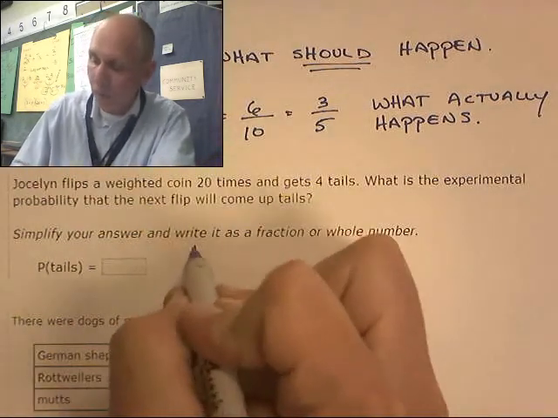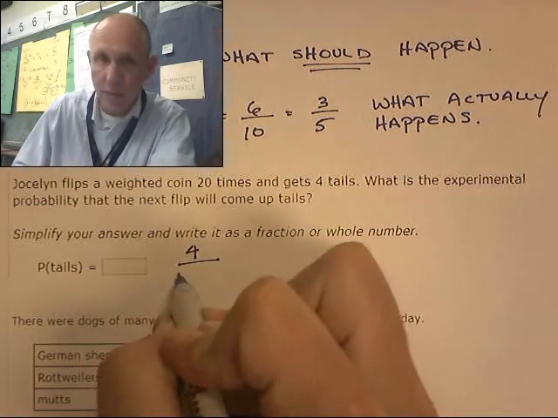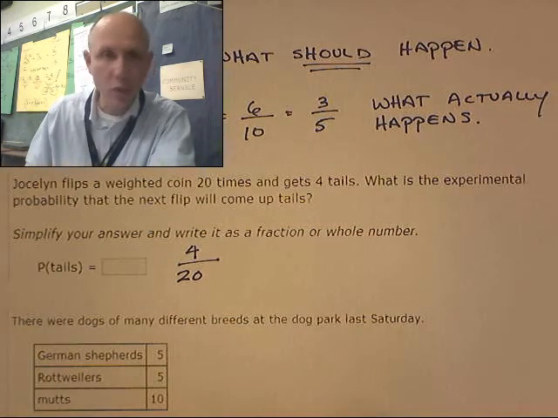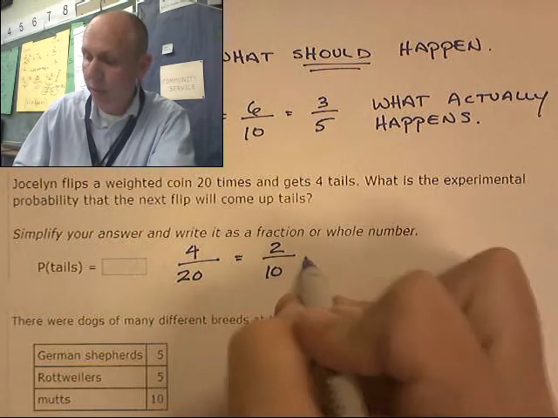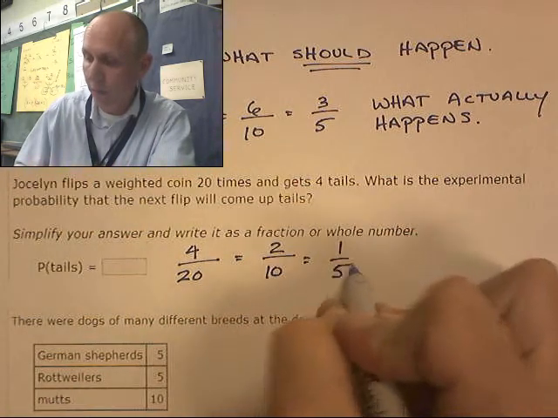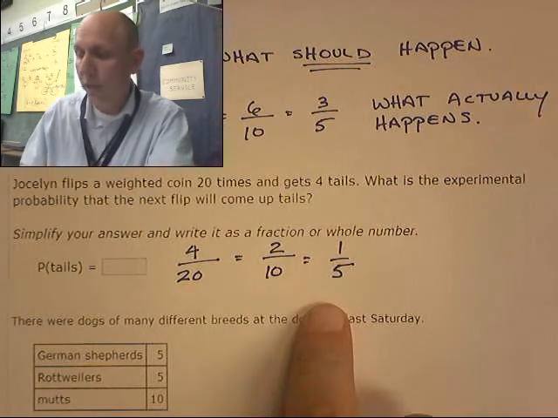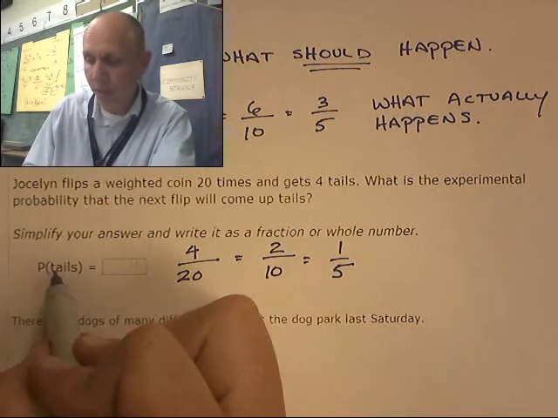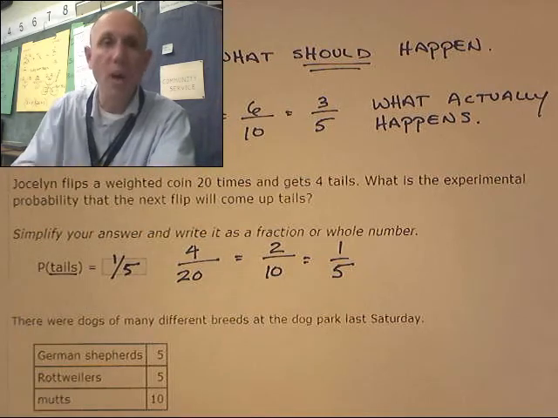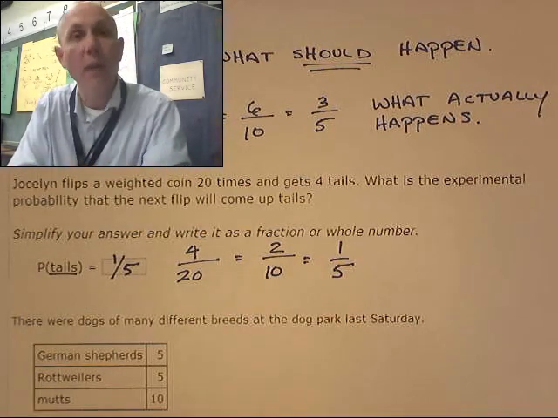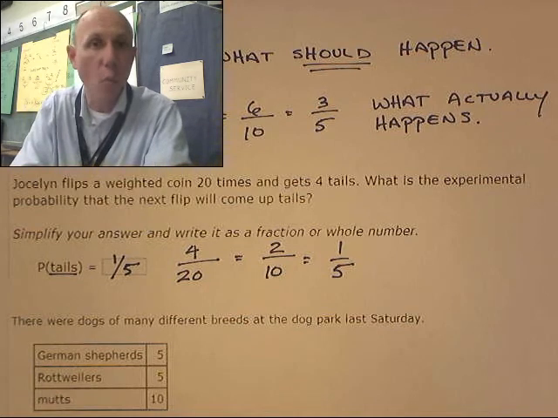Well, she had 4 favorable events out of 20 total events. That's going to reduce to 2/10 or 1/5. She has a 1/5 probability. The probability of tails is 1/5 or 1 in 5. For every 5 flips, she gets 1 tails.